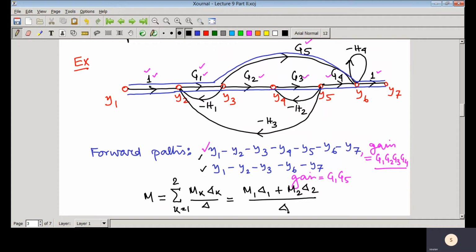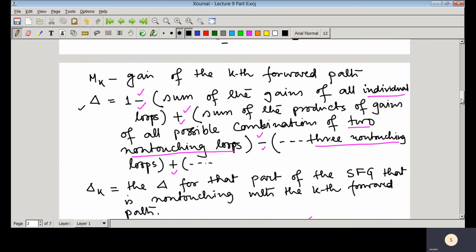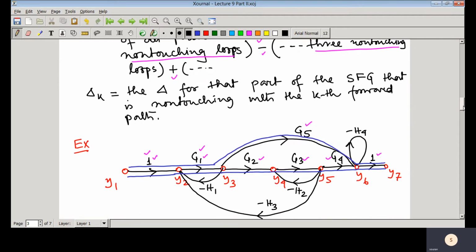Now let us see what m1 is. If you look at the definition here, mk, that is m1, is the gain of the kth forward path. That means m1 would be the gain of the first forward path.